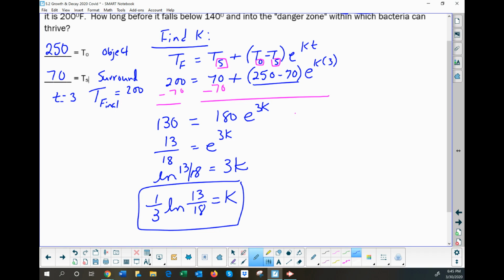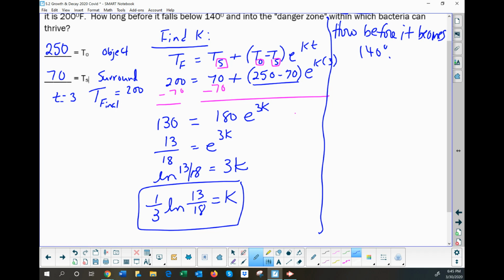All right, second part. Now we need to find out how long this takes, how long before it becomes 140 degrees. You can start with either amount.